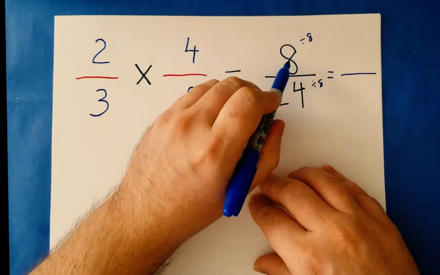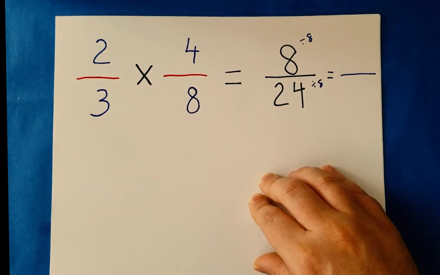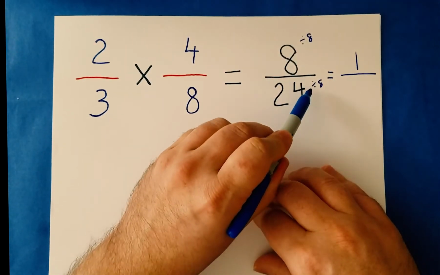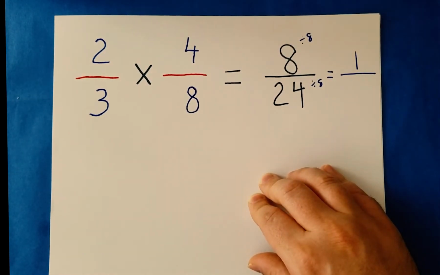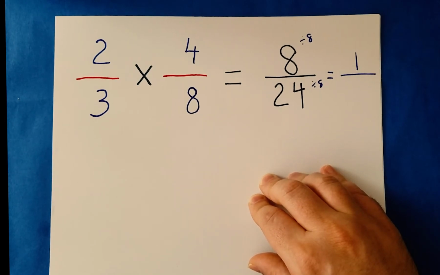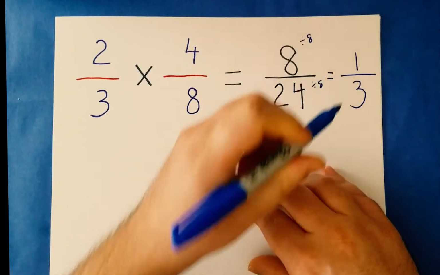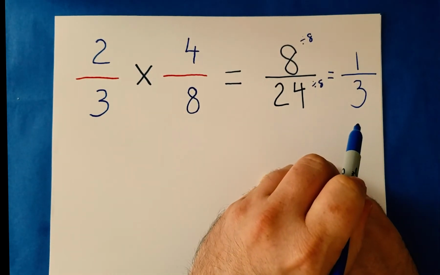Now I do my division. What is 8 divided by 8? And that is 1. And 24 divided by 8 is going to give us, what do we think? 24 divided by 8 is 3. Here's my final answer, 1/3.